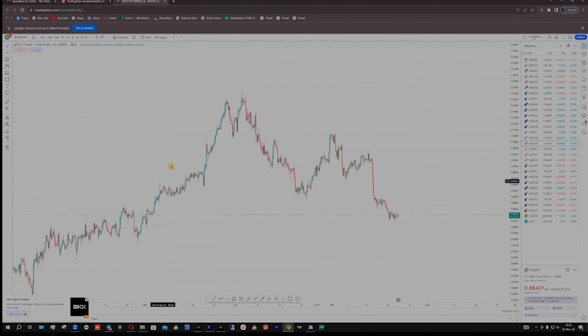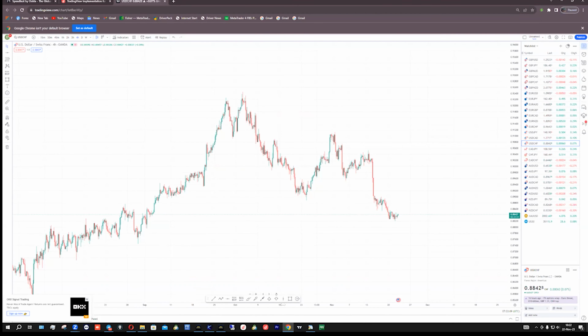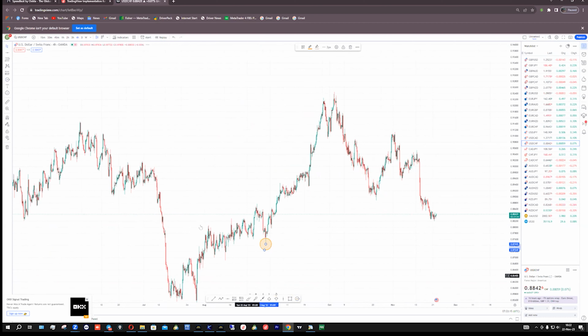This market was an uptrend, and you can see this is our last higher low at this point, all right? And the highest was here, and because the market dropped along, this is our last higher high.